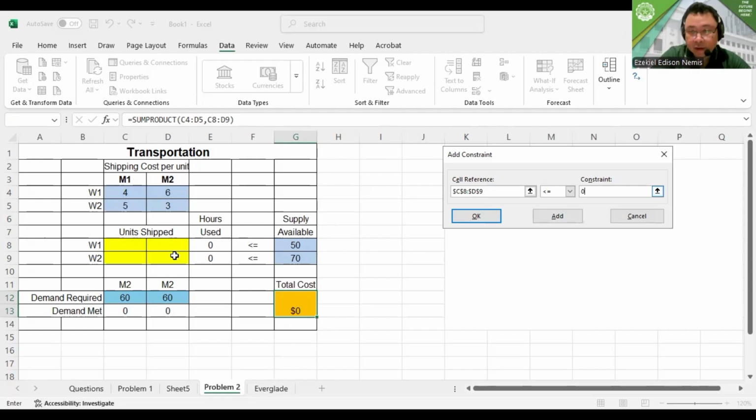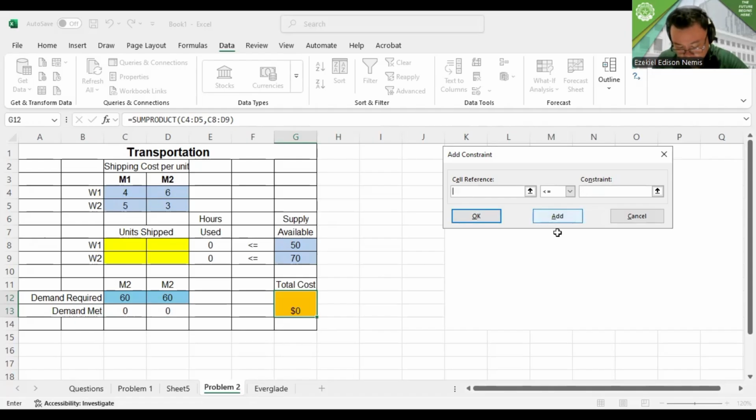Then let's click add other constraint. We have to do the C13 and C12. So let's do the C13, is equal to C12. Then click add.